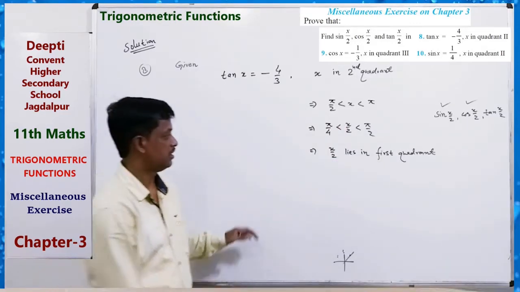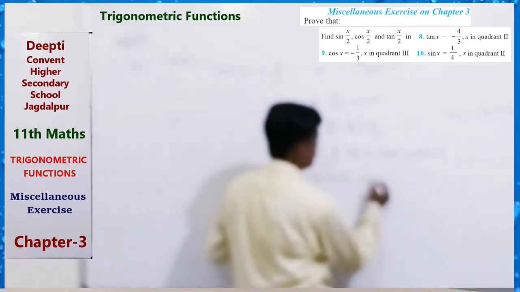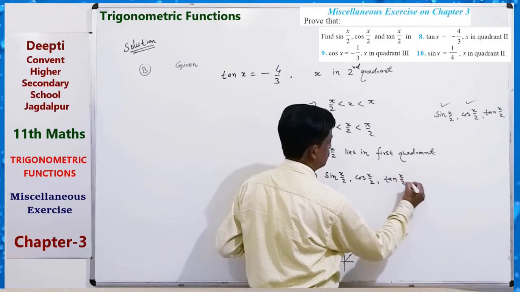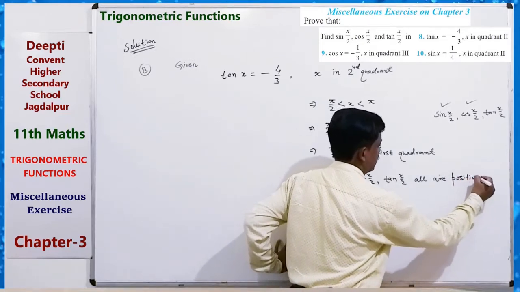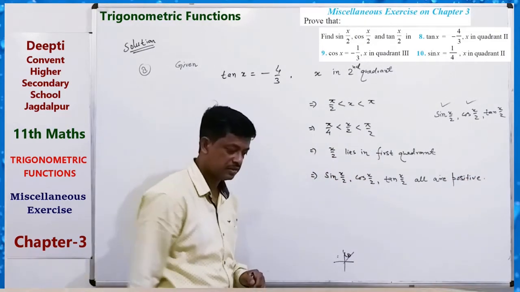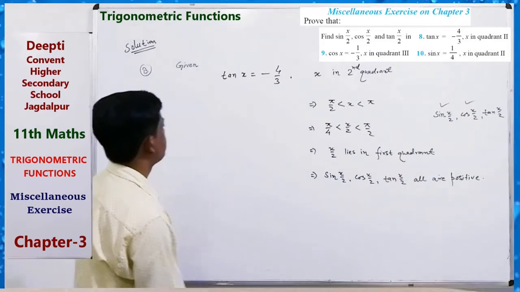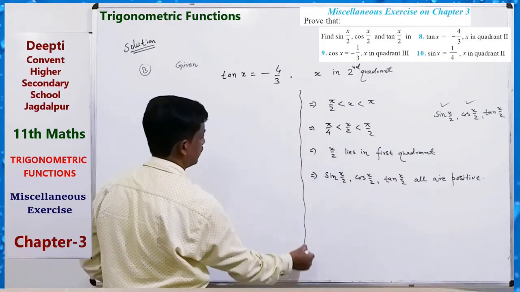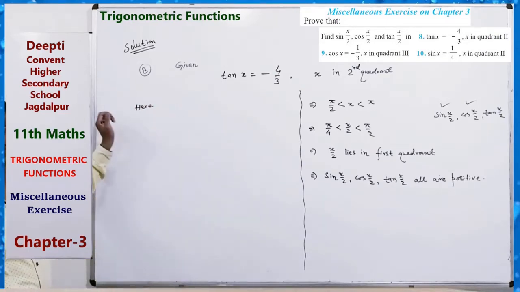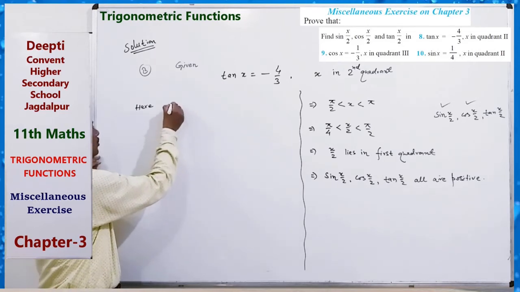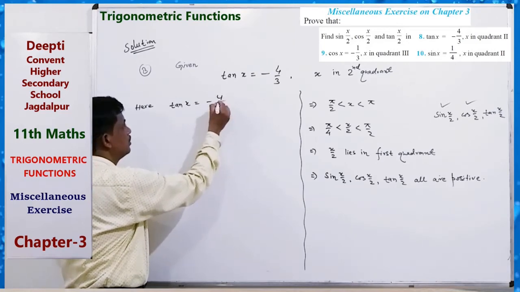First quadrant implies sin x by 2, cos x by 2, tan x by 2 are all positive. You know, all are positive in the first quadrant. Clear? This is the decision of sign. Now, here tan x equals minus 4 by 3. Clear?